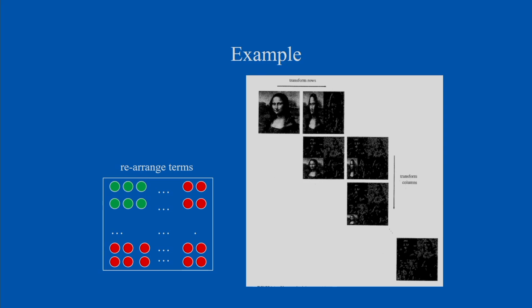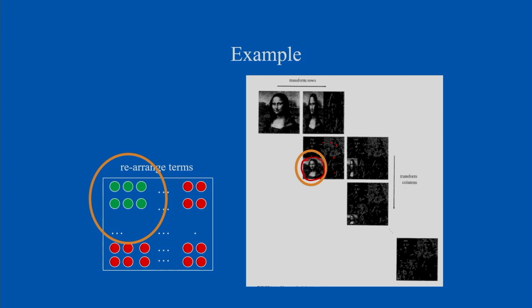So in this case, first I am doing the decomposition along the rows, after this the columns, after this rearranging the terms, and corresponding to this you can see I have this low frequency information, that is the average value. If you consider the outside, that is nothing but the detail information, that is the high frequency information.